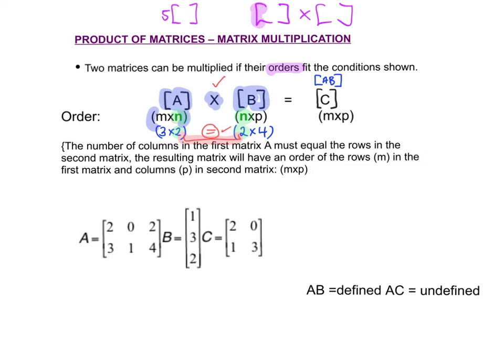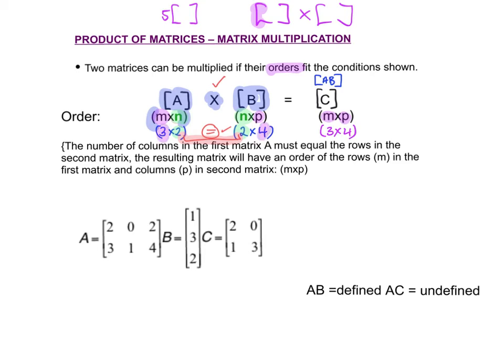And it ends up with an order that has the number of rows that the first one had, and the number of columns that the second one had. So in my example, if I multiplied those two matrices, my answer is going to be a 3 by 4. Can you see that? Because it's 3 there and 4 there.